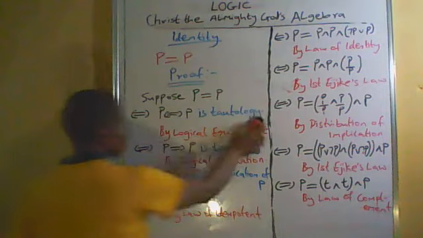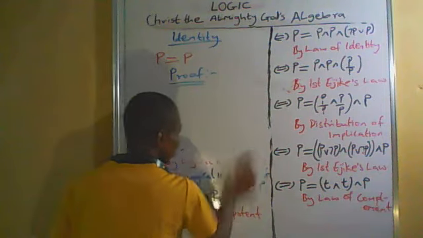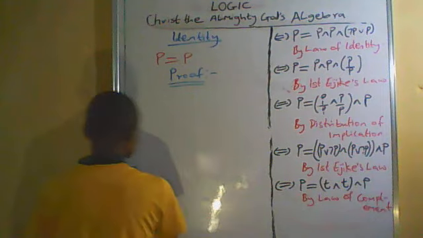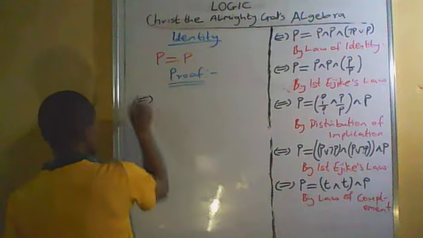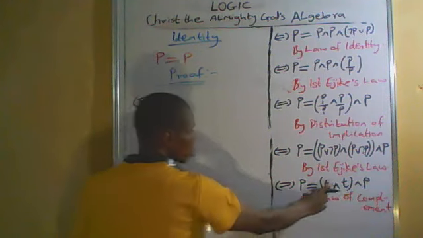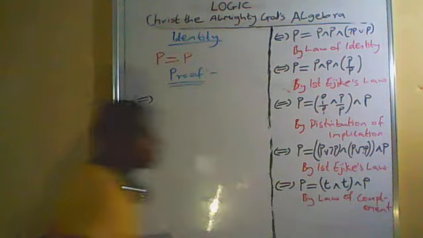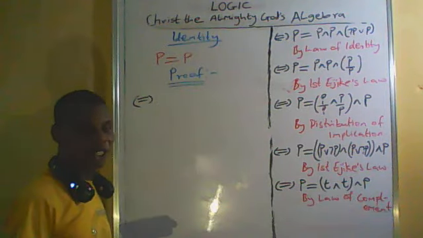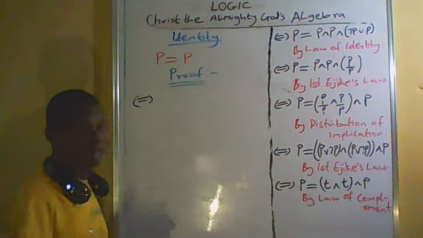Go to this side. If and only if, then this T and T is equal to T by the law of identity, whenever T is interpreted at that time.